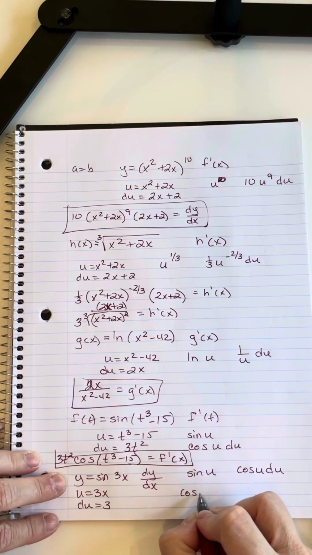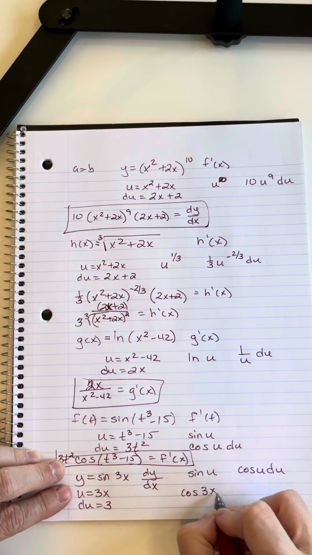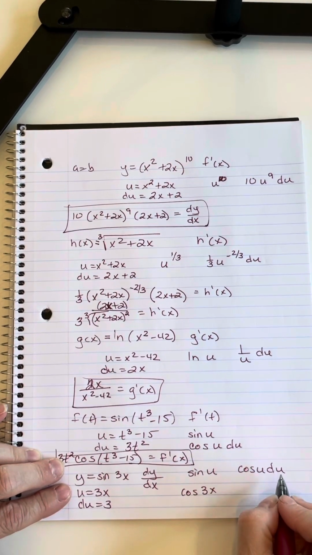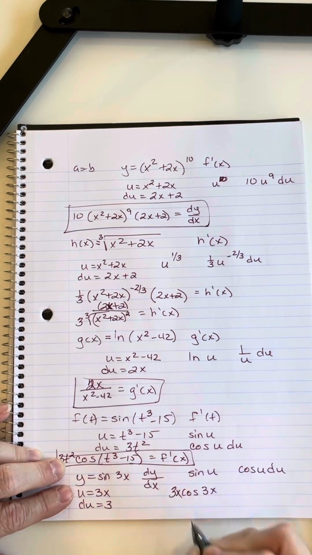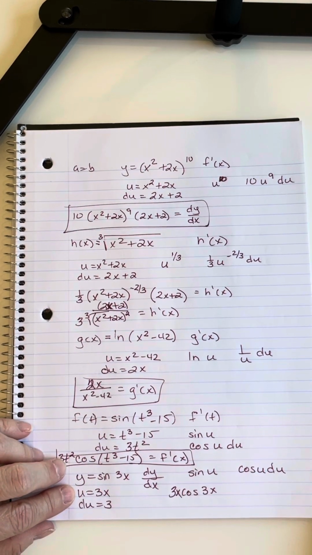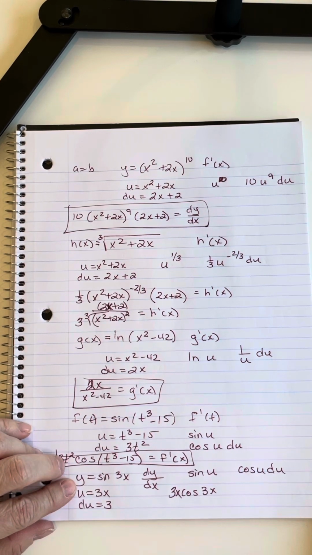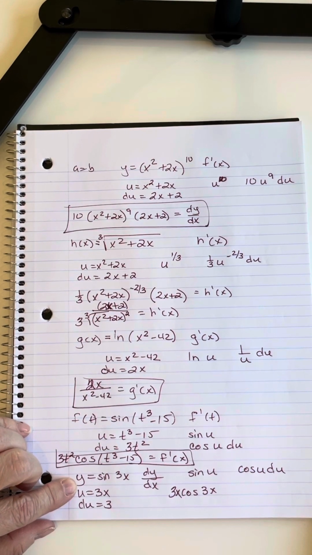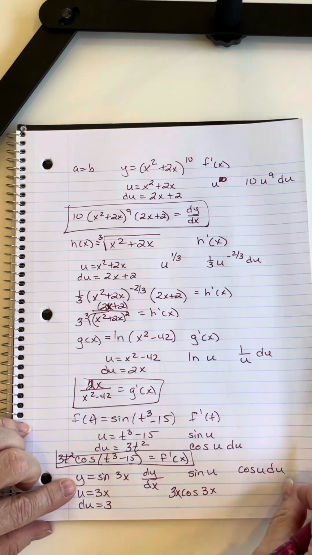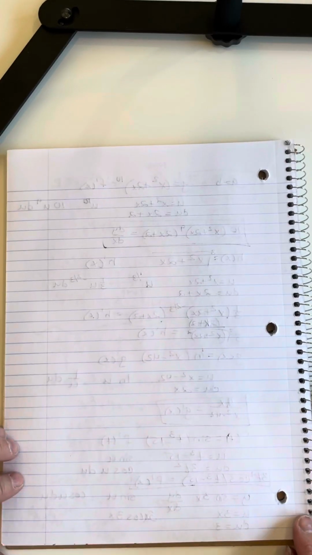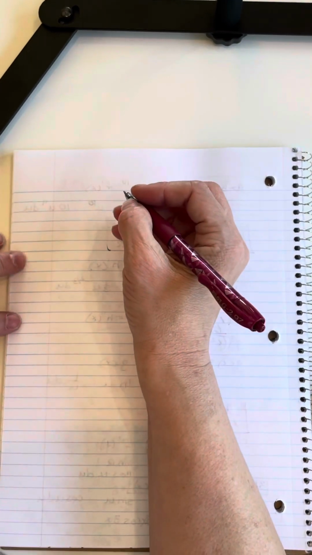So we have cosine of 3x multiplying with the du, which is 3. So I'll just go ahead and put it in front. Just a second. I've done that horribly wrong because that doesn't say sine of 3x, that says sine cubed of x. Ignore that. Let's shift to a cleaner spot where I have room to work, and let's try that again.